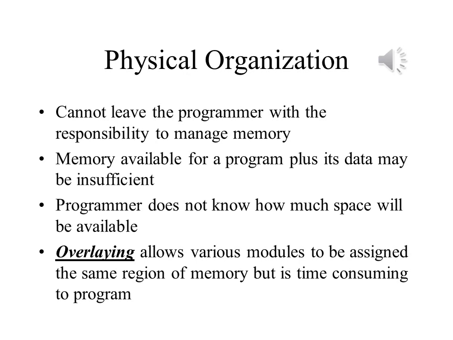One, the main memory available for a program plus its data may be insufficient. In that case, the programmer must engage in a practice known as overlaying, in which the program and data are organized in such a way that various modules can be assigned the same region of memory, with a main program responsible for switching the modules in and out as needed.